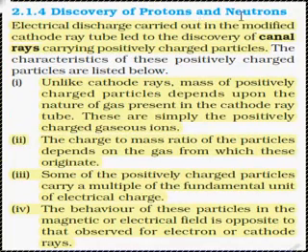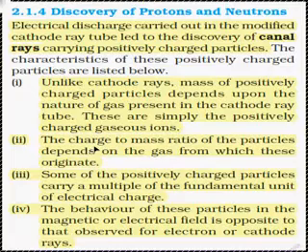Discovery of protons and neutrons. Electrical discharge carried out in a modified cathode ray tube led to the discovery of canal rays carrying positively charged particles. The characteristics of these positively charged particles are: number one, unlike cathode rays, mass of positively charged particles depends upon the nature of gas present in the cathode ray tube. These are simply the positively charged gaseous ions.